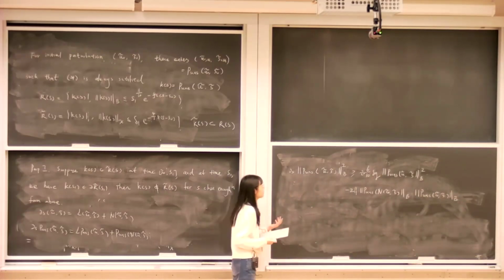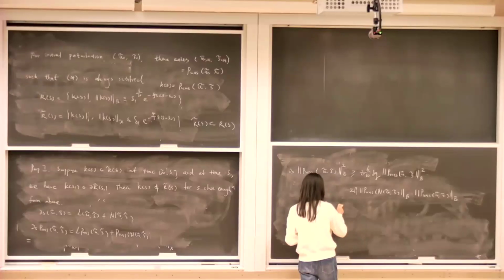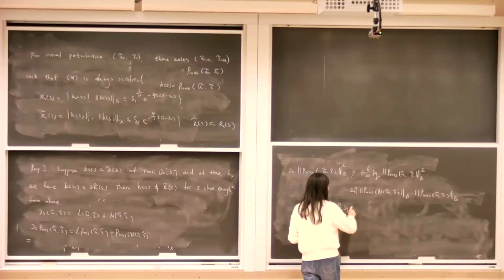So we only need to bound the unstable space, and the unstable space will be bounded by that, delta G.